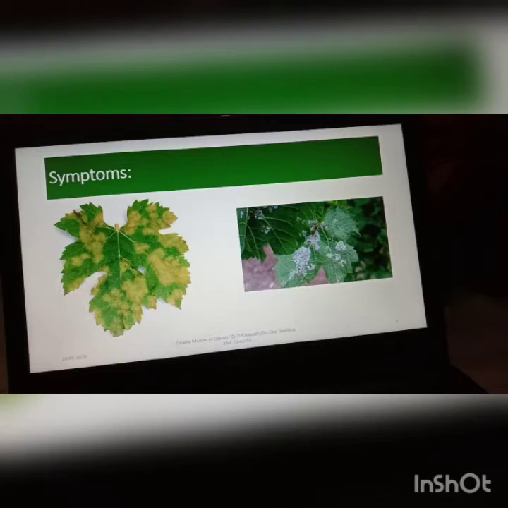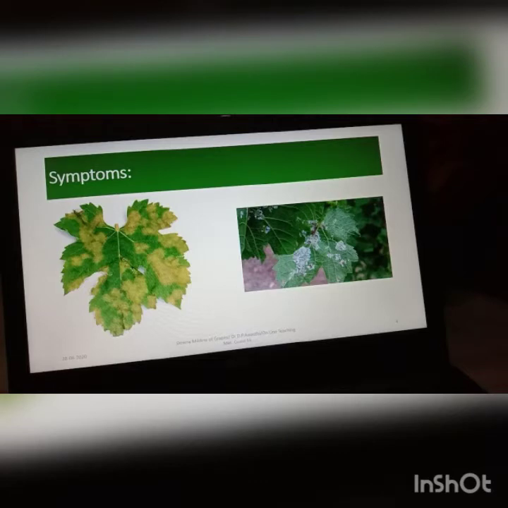So then what can happen? The diseased shoots remain stunted, and they may be swollen also, and this is due to hypertrophy. Nodes of the plants are more susceptible than the internodes.